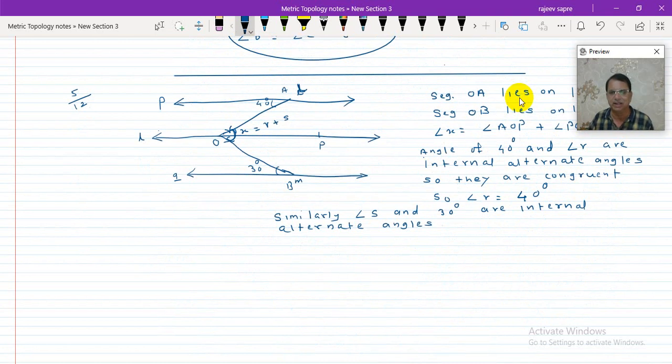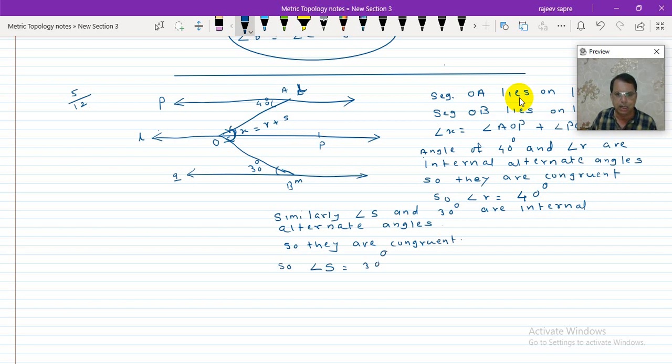Sorry, not supplementary, they are congruent. Extremely sorry. And congruent means they have the same measure. So angle S is 30 degrees. Now angle X is equal to angle R plus angle S. So angle X is equal to 40 degrees plus 30 degrees, and so it is 70 degrees.